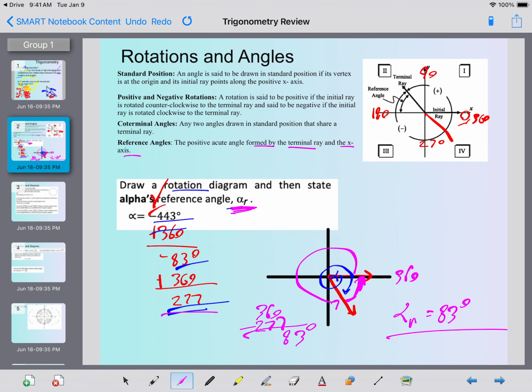Okay. Just to look forward to why reference angles are so important. If we were trying to evaluate a trig function, typically we would make our right triangle, right?